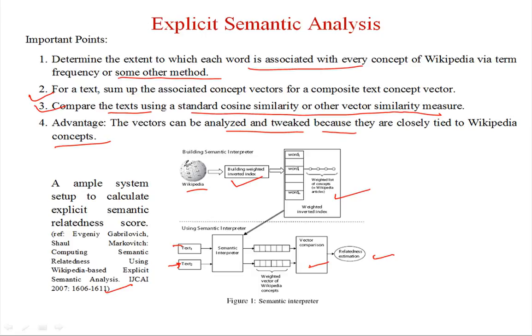Here we depend totally upon term relations in Wikipedia to calculate the semantic similarity between two text documents, so sometimes it may not be very local for some documents and may misguide in some cases.